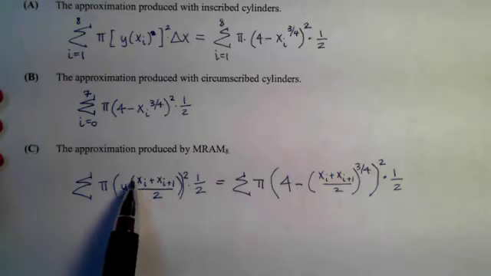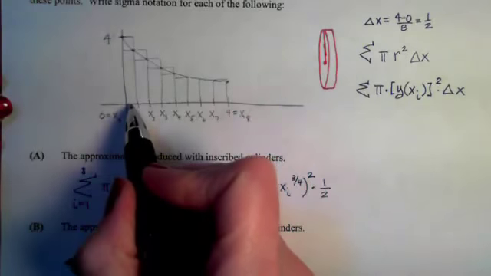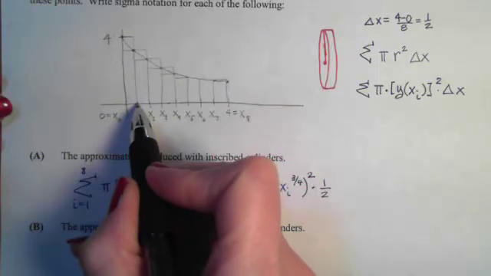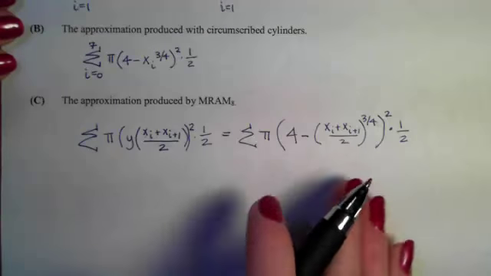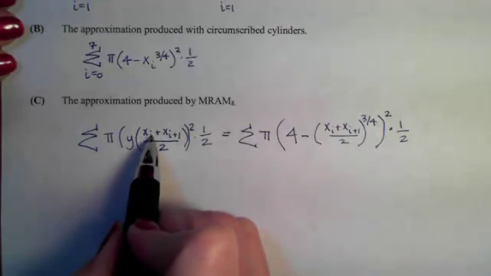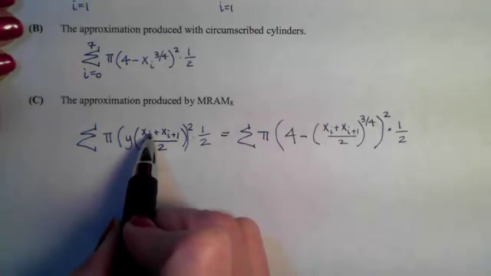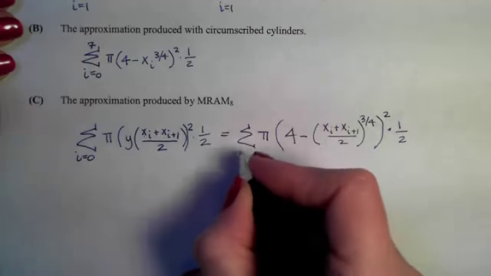So let's think about that first and the last midpoint. If I want the first midpoint, I need to add x sub 0 and x sub 1 and then divide them by 2. So that means down here my first one is going to have i being 0, and then that 0 plus 1 gives me the next one. So i is going to start at 0 on this one.